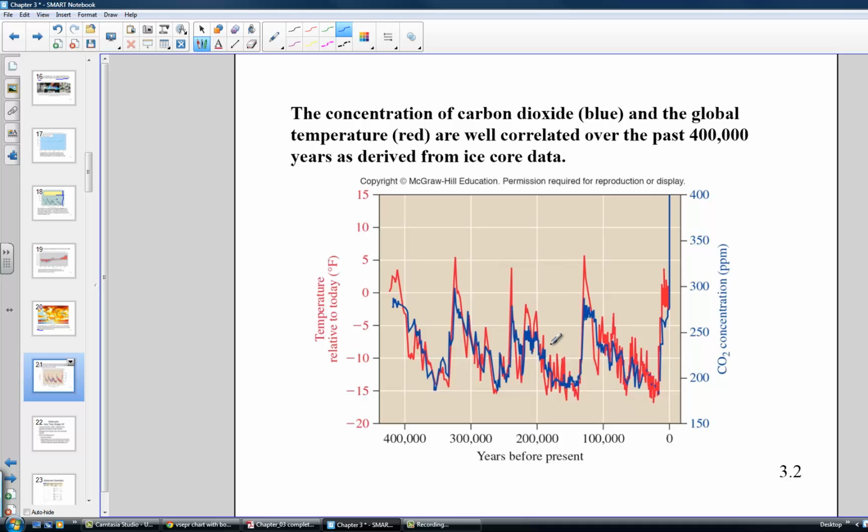We'll look at one more graph together, presented in your text. The concentration of carbon dioxide in blue related to the temperature correlated in red. So what is this graph showing us? If you see the temperature recorded in red, again I see just a cycle of things going. Here's present day, this is 100,000 years back, 200,000 years back, and so forth.